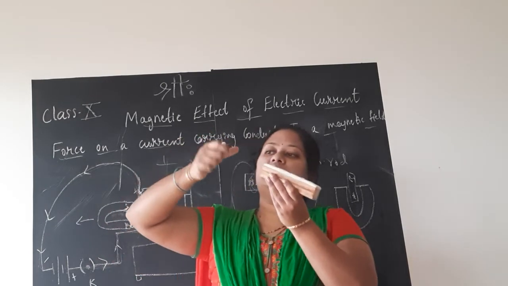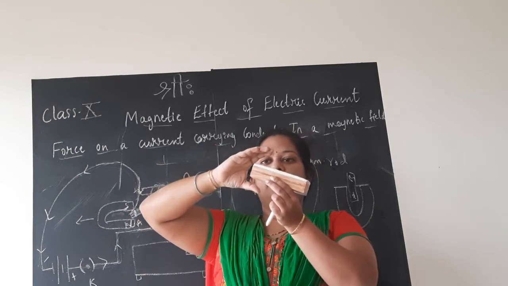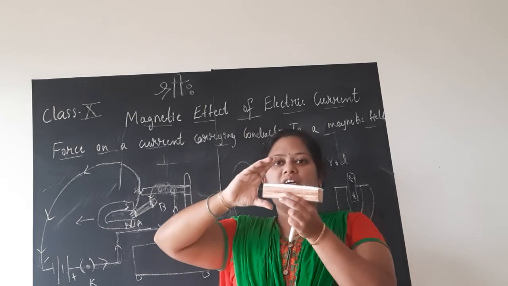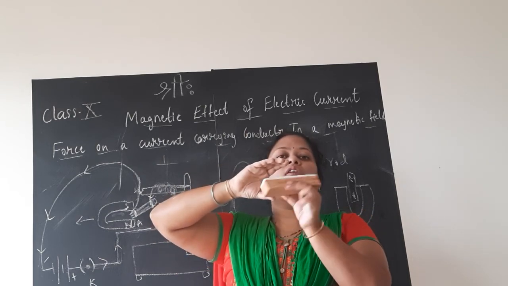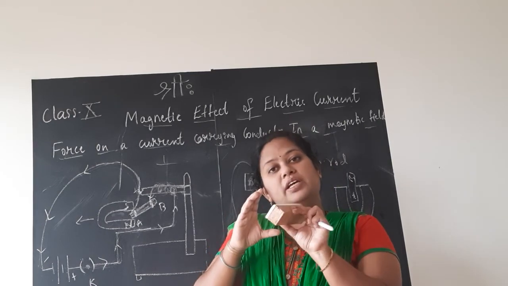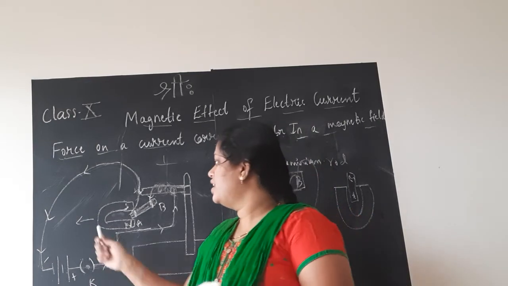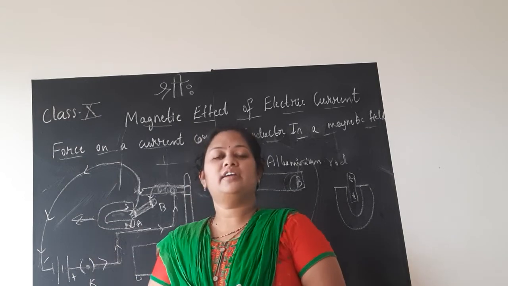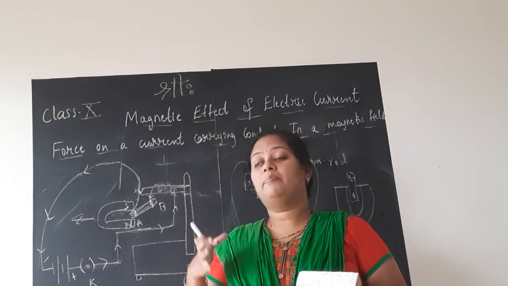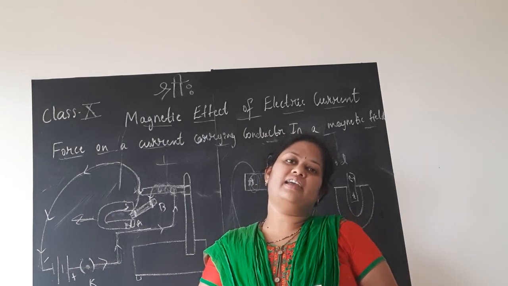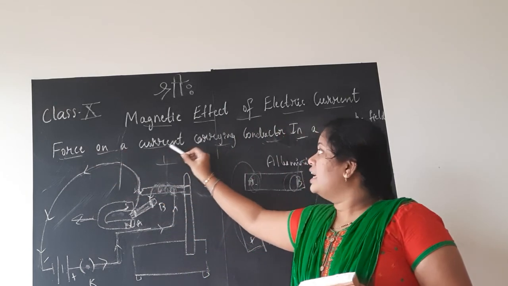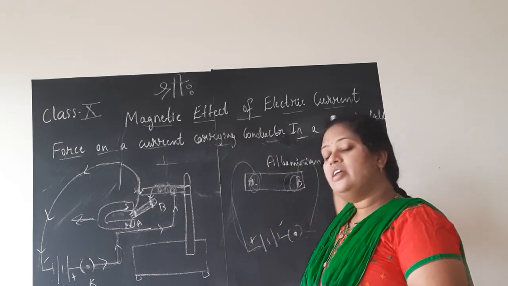When that is the case, the aluminium rod is now placed like this; when current is flowing in the upward direction, children, the aluminium rod got deflected towards the left. It gets displaced, it moves towards the left direction. Why? Because the magnetic field here is applying a force on the current carrying conductor. That is what we mean by the force on a current carrying conductor in a magnetic field.